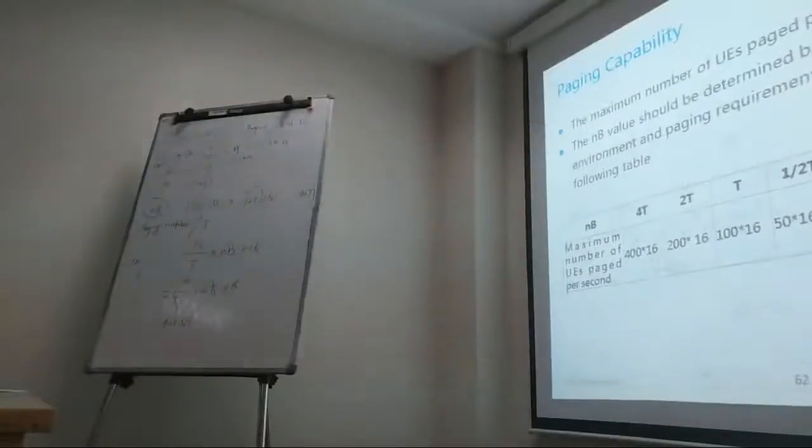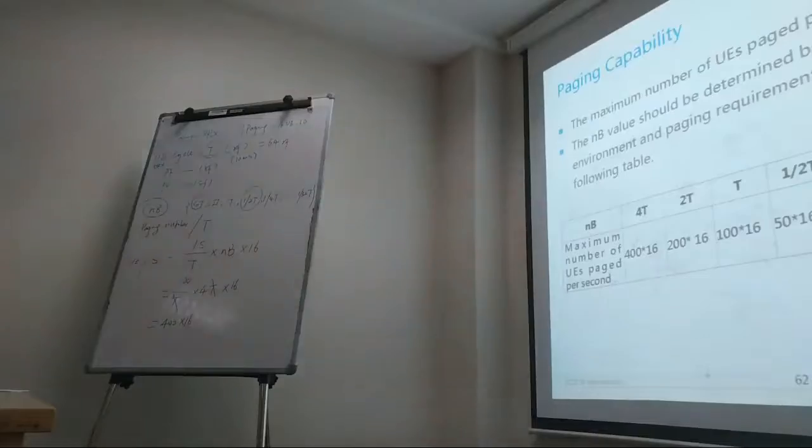Because it's set by the container size. This container size we have already defined. So when we transmit this paging, the maximum size is already fixed. When you put one UE ID in, it will allocate some resource, and this resource is fixed. So it can only contain 16.